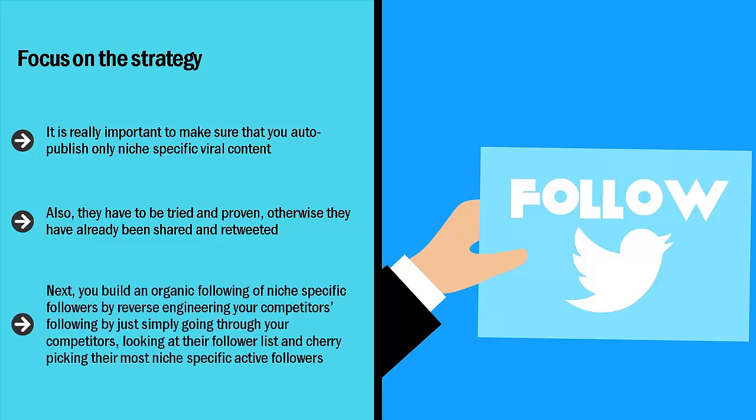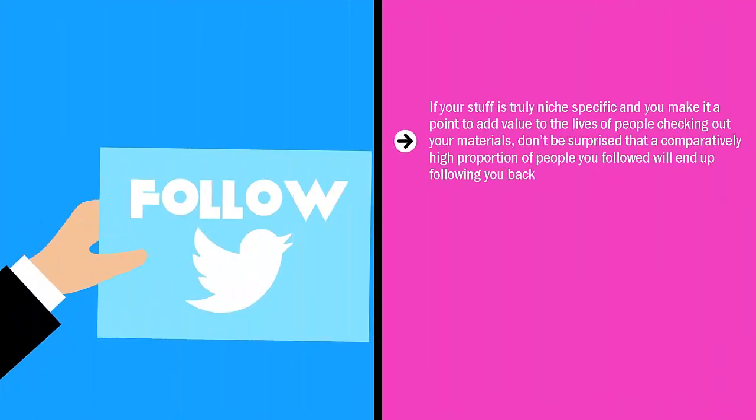Next, you build an organic following of niche-specific followers by reverse engineering your competitors' following by just simply going through your competitors, looking at their follower list, and cherry-picking the most niche-specific active followers. If your stuff is truly niche-specific and you make it a point to add value to the lives of people checking out your materials, don't be surprised that a comparatively high proportion of people you followed will end up following you back.